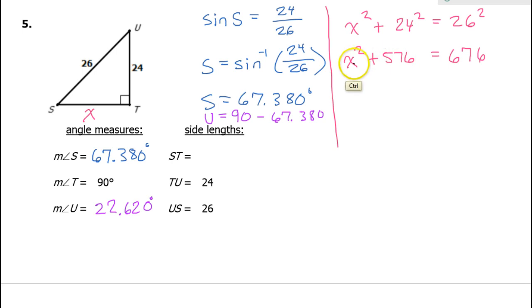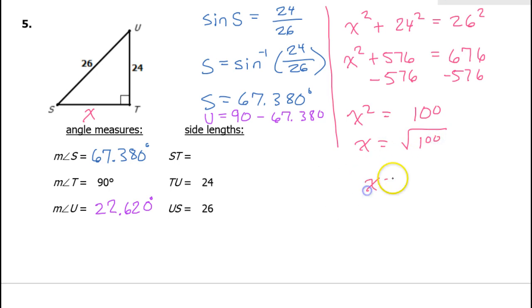So that's x squared plus 576 equals 676. If you subtract 576 from both sides, that gives you x squared is equal to 100. And then, of course, x will equal the square root of 100, so x will equal 10. And that's it.